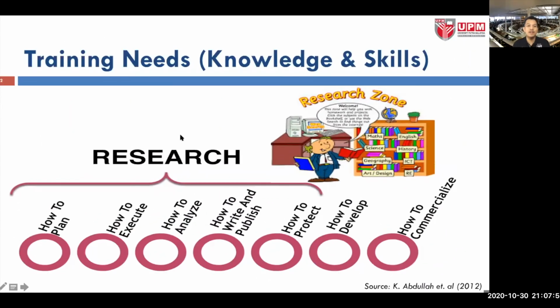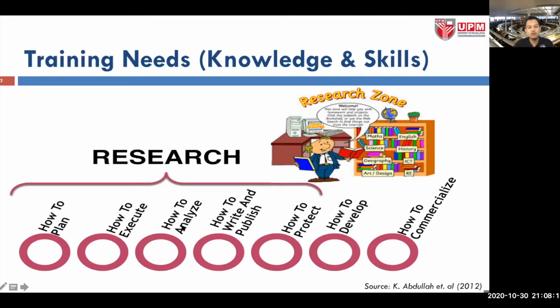Okay, the training needs, the knowledge and skills, right? When we talk about research just now, this is another way to look at what we call the research zone: how to plan the research. In this particular subject, you are going to learn how to plan your research, how to execute your research.